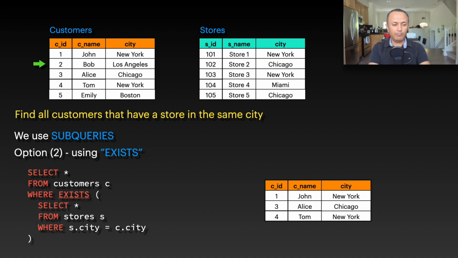One thing to note, because we don't really care about the contents of the rows in that subquery, we only care about whether there are rows or not, one optimization that we usually do in this case is that we replace the select star in the subquery with a constant, because no matter what you return, the contents of the row doesn't matter. It only matters whether you have rows or not.